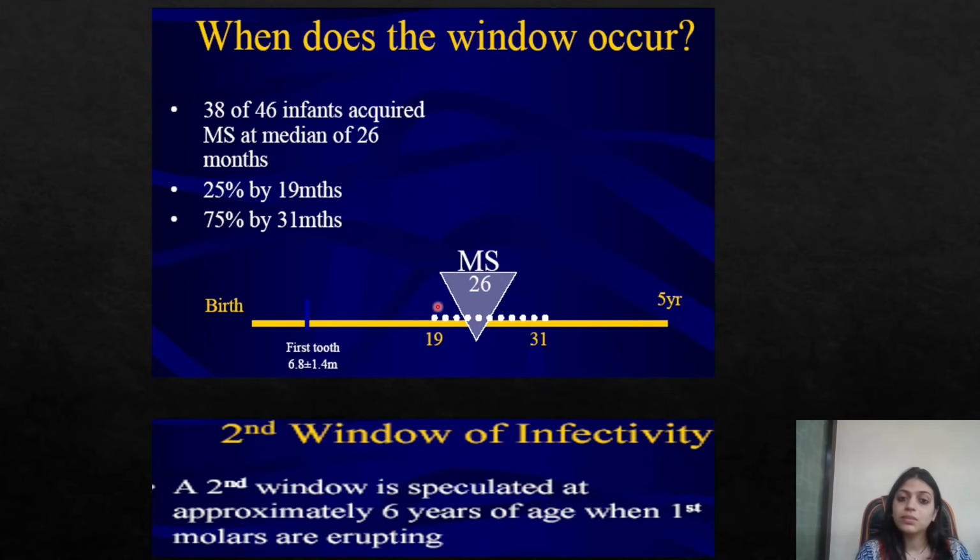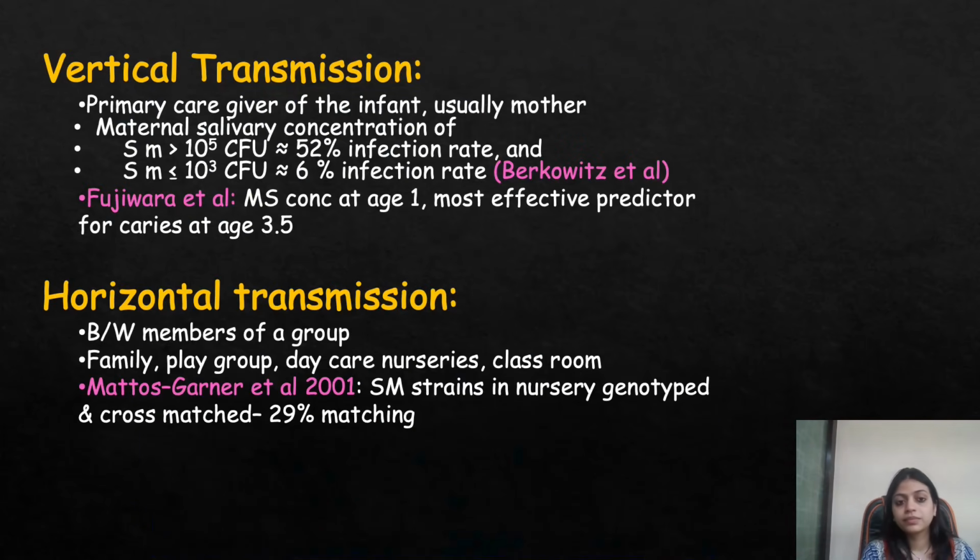During this time period, the child is at more risk to develop caries, because there are high chances that the teeth will be colonized by mutant streptococci. And the second window of infectivity is usually speculated at the age of 6 years when the first molars are erupting.